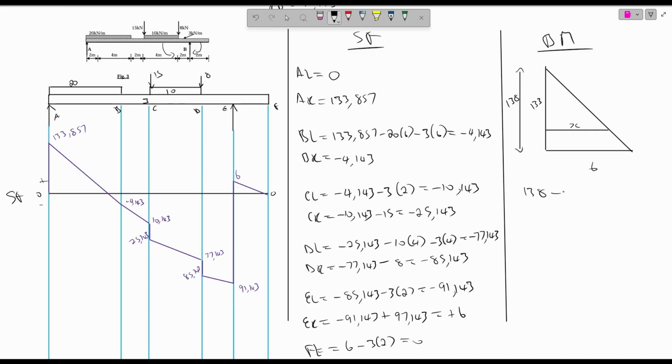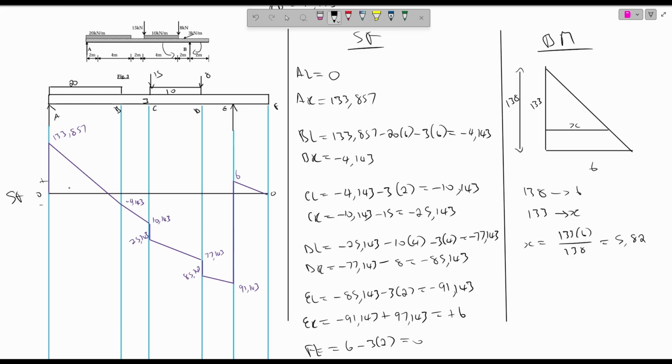So 138, it's 6. 133, it's X. Cross multiply, you have X is equals to 133 times 6 divided by 138. 133.857 times 6 divided by 138. We have 5.82.